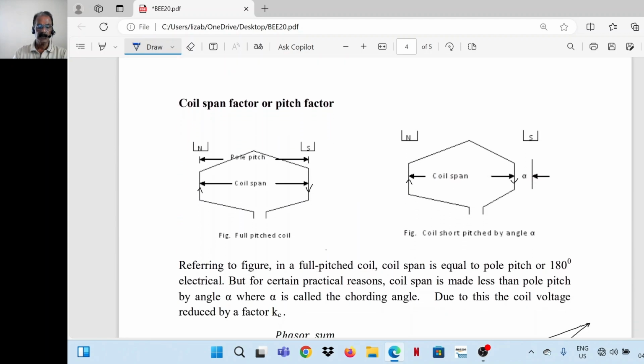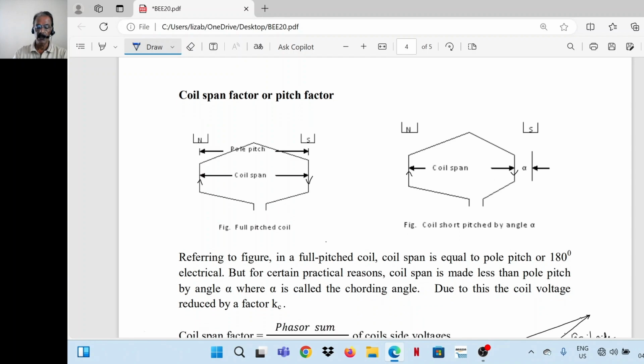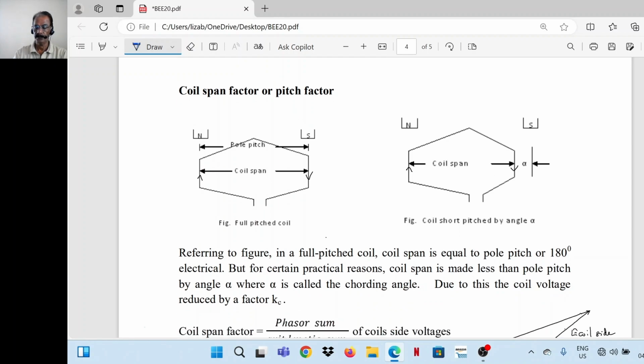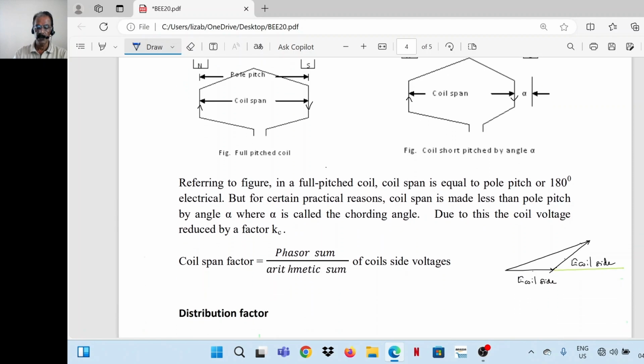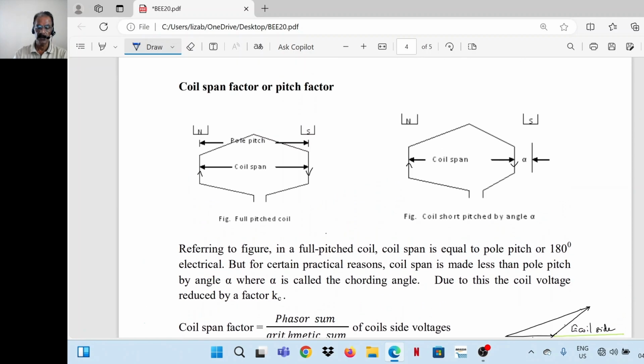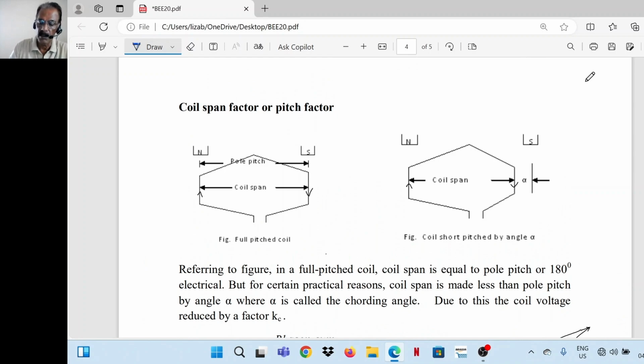The next is coil span factor or pitch factor. I'll take an example: armature, one coil. The conductors are A, A dash, and a magnet.